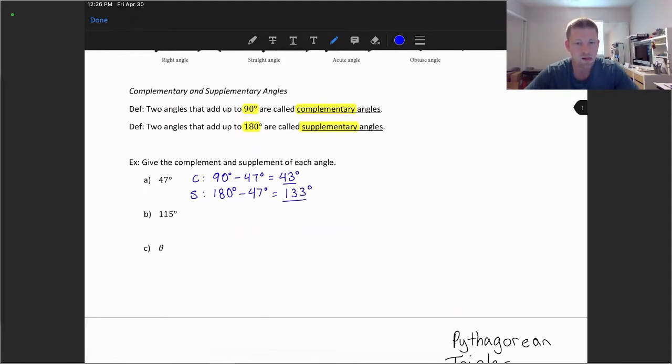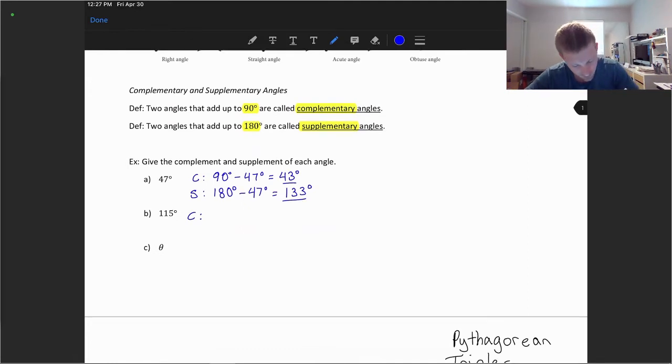If I consider a 115-degree angle and first want to find its complement, again, to find a complement, I need to have two angles add to 90 degrees. So what I could do is take my 90, subtract my given angle. If I subtract my given angle, this would say that the complement of this angle is going to be negative 25 degrees.